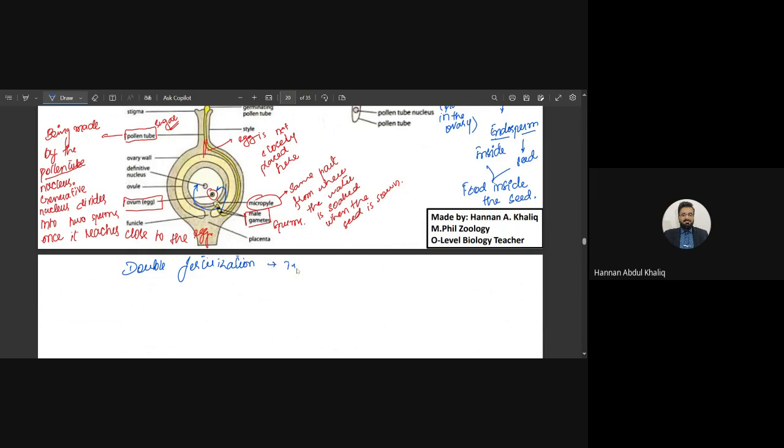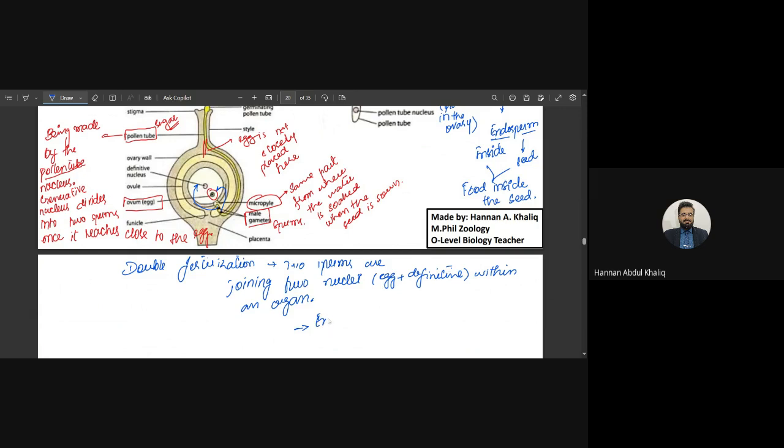Why do we call it double fertilization? Because two sperms are joining two nuclei. One is the egg and the other is the definitive nucleus, within an organ. So we name it double fertilization, and it has very important significance.